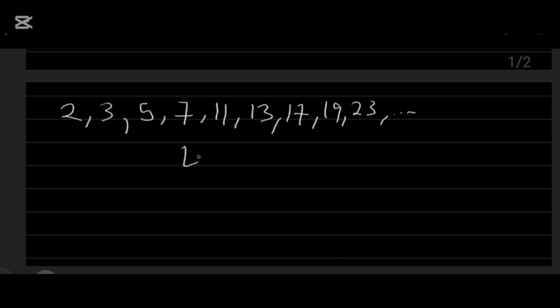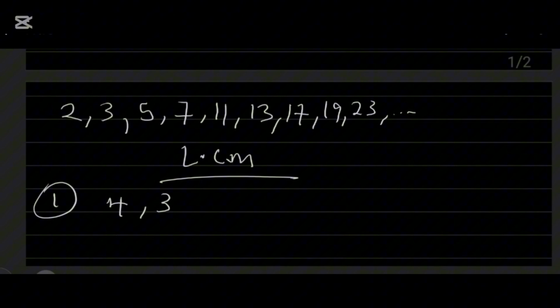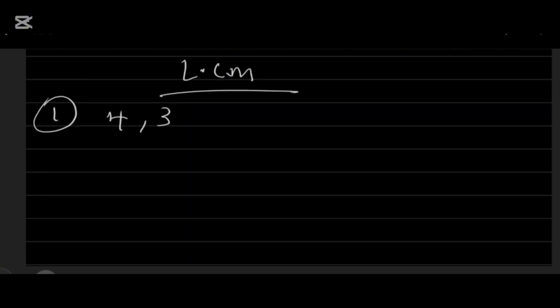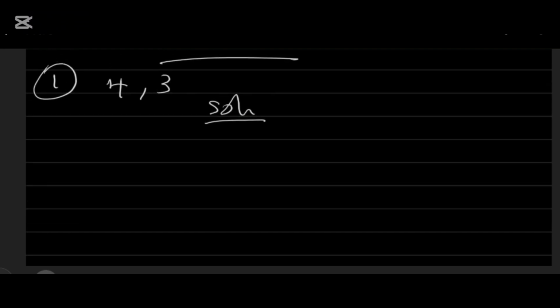Let us start with the LCM now. Let's say I want to find LCM. In the first example, we are going to find the LCM of 4 and 3. Now, whenever you want to find the LCM of two numbers, all you have to do is take the first number and express it in terms of its factors, and if possible, prime factors.